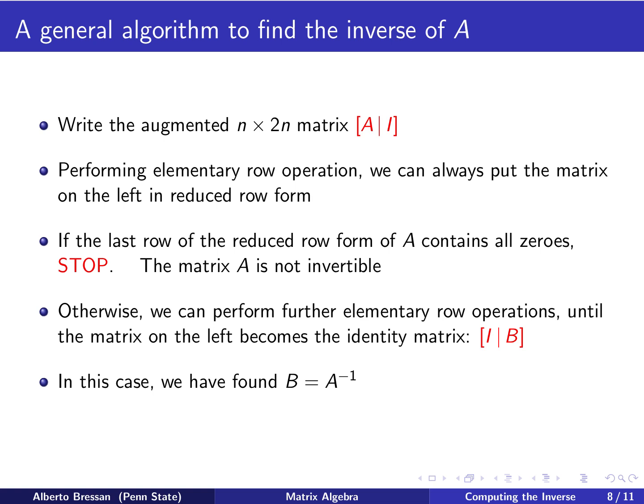Then we perform further elementary row operations until the A matrix portion here becomes the identity, and you will have a matrix on the right half that is B. Then we isolate that B, which is the inverse of A, and the algorithm is completed.